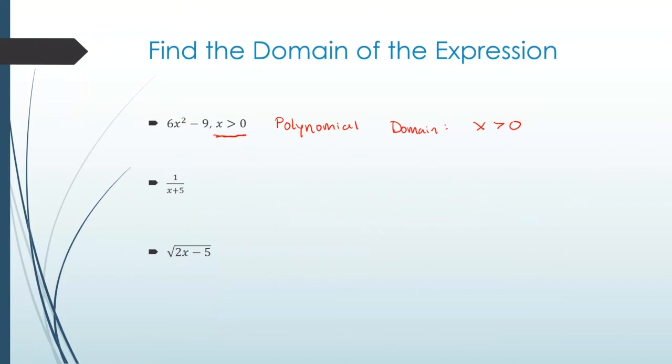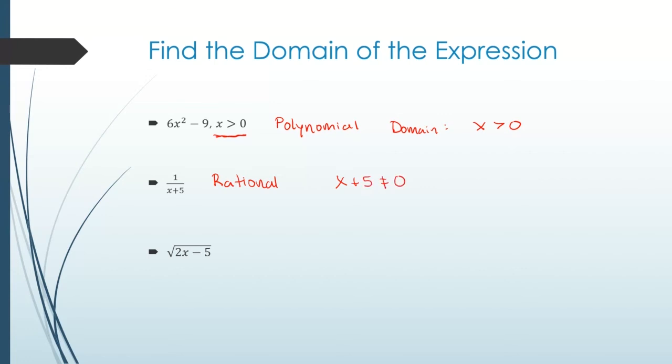The second one here is a rational expression where the denominator has a variable. So the domain is everywhere except for where the denominator is 0. What you do is you take your denominator, and that cannot equal 0 because then we're dividing by 0.